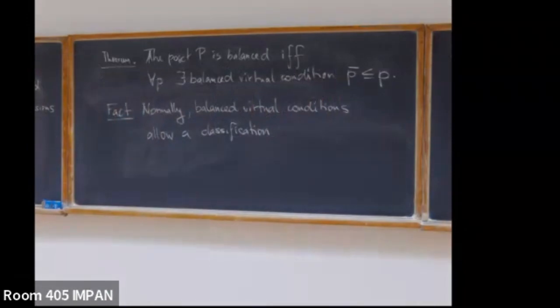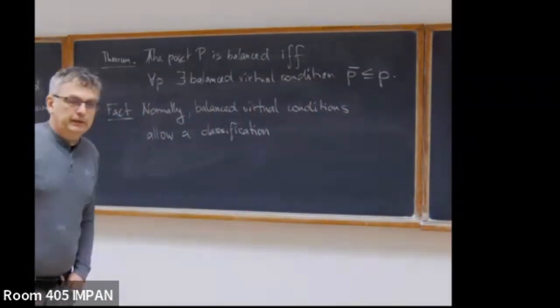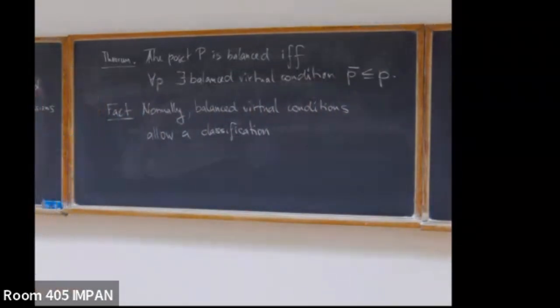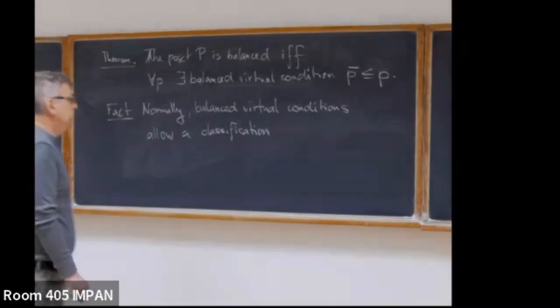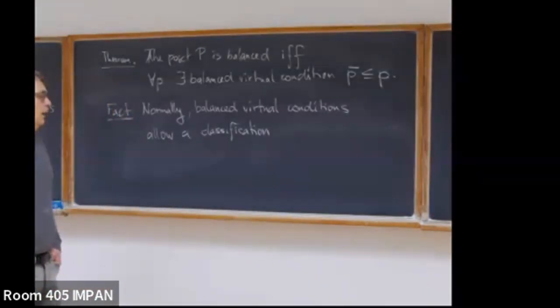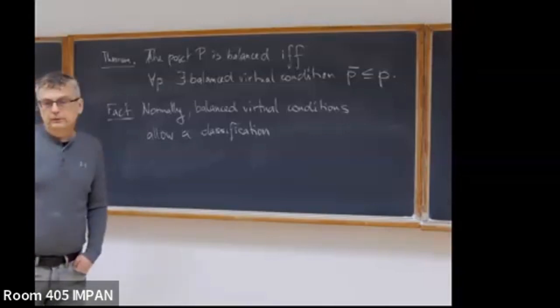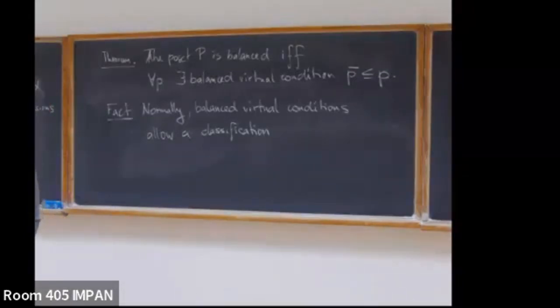In any given case, it's not true, but in most cases we have a sensible classification of balanced virtual conditions, and in some cases we don't, but we still know that there's only so many.